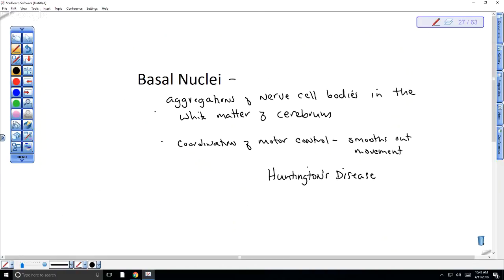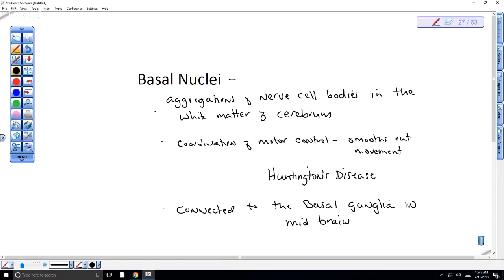This is also connected. I'll put that this is connected to the basal ganglia in the midbrain. So the basal nuclei are not in the midbrain.